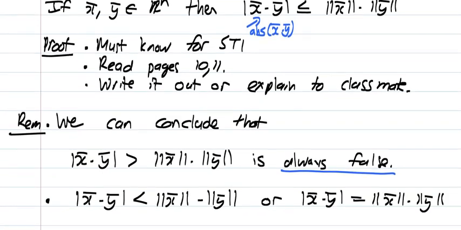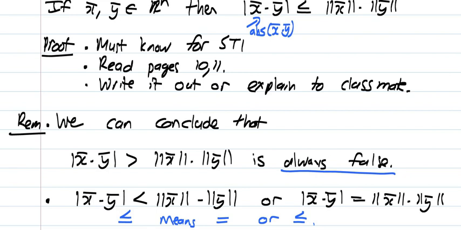Now, what we can also conclude from this result is that one of two things can happen. If you calculate the absolute value of x dot y and you calculate the norm of x times the norm of y, one of two things can happen. Either the left-hand side is less than the right-hand side, or the left-hand side equals the right-hand side, all right? So this is obvious because we know that this symbol means either equal or less than.